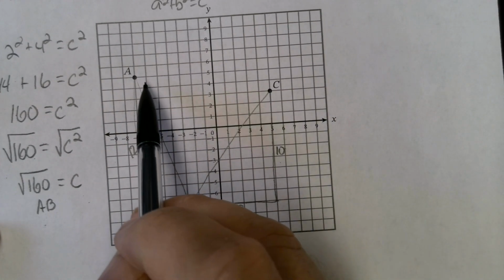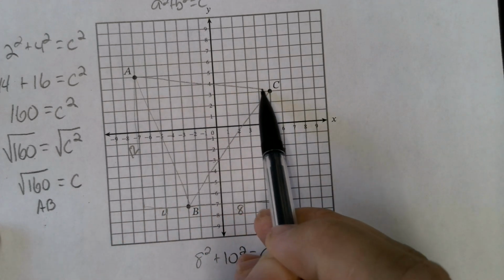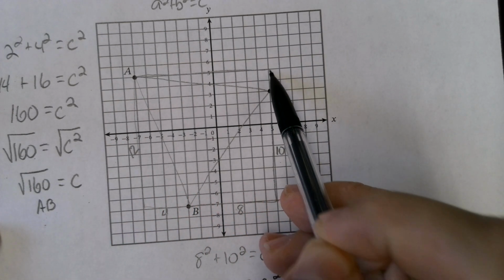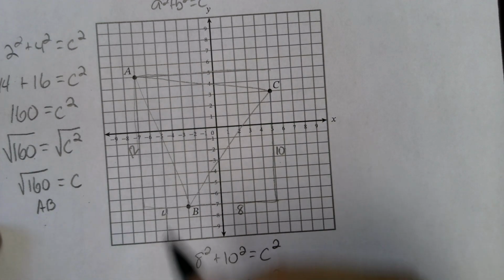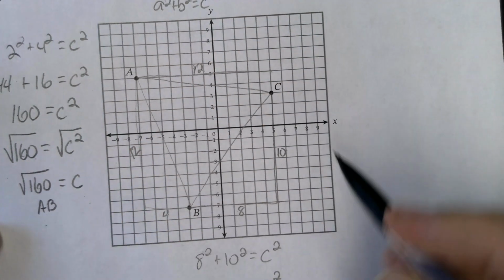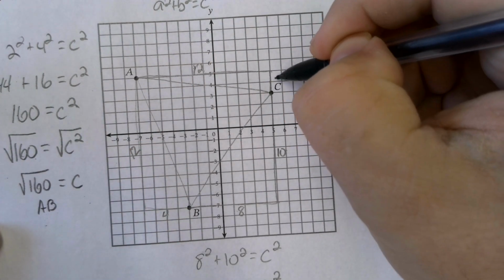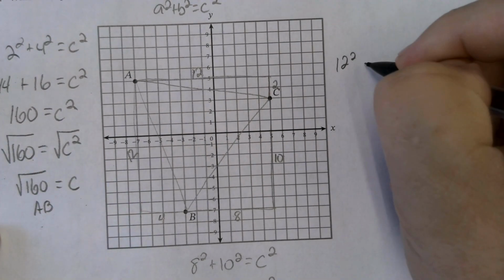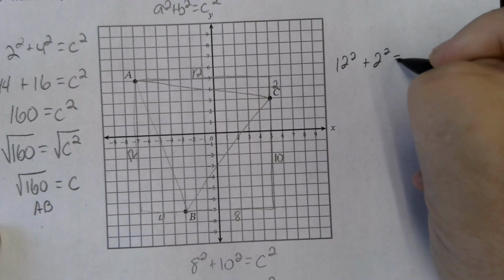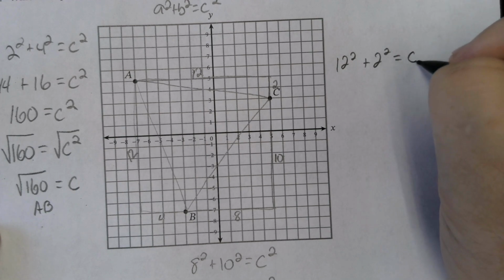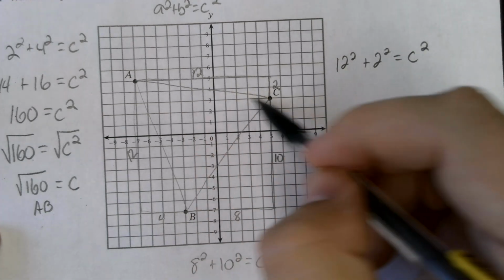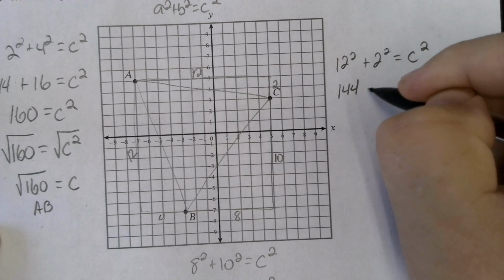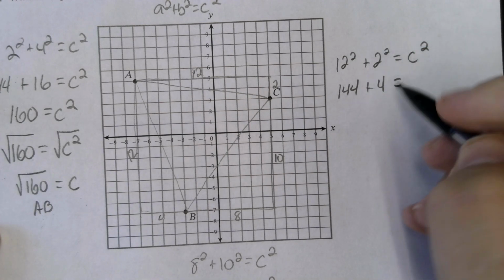The last measurement we need to find is from A to C. That means I'm going to go from -7 to 5, which again is 12. And from 5 to 3 is a measurement of 2. So I have 12 squared plus 2 squared for my legs, and I'm finding the hypotenuse, the distance between the two points.